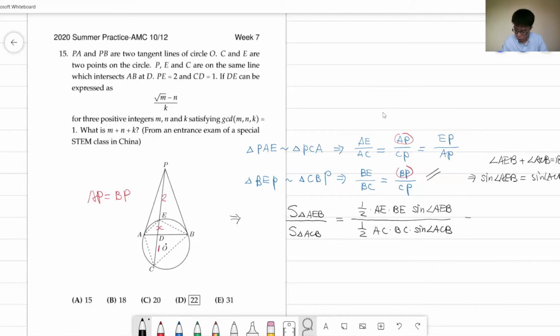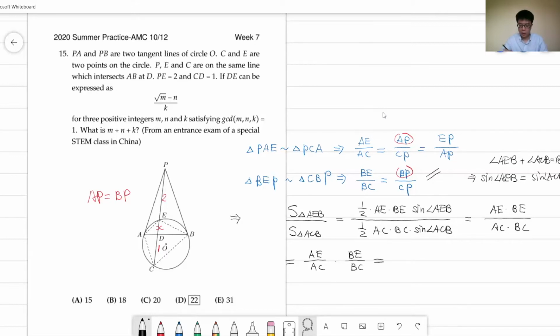So this ratio equals AE times BE over AC times BC. So this equals the product of two quotients, AE over AC times BE over BC.